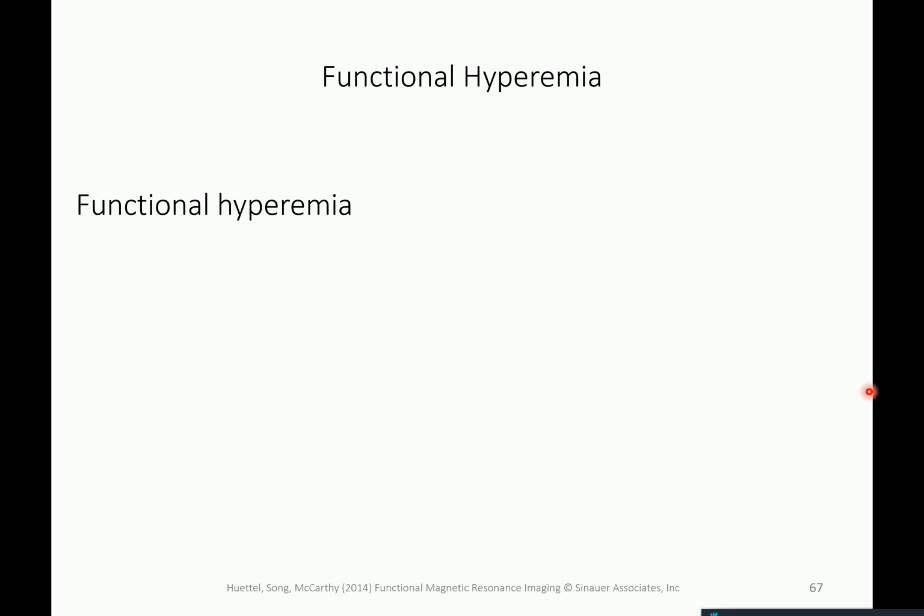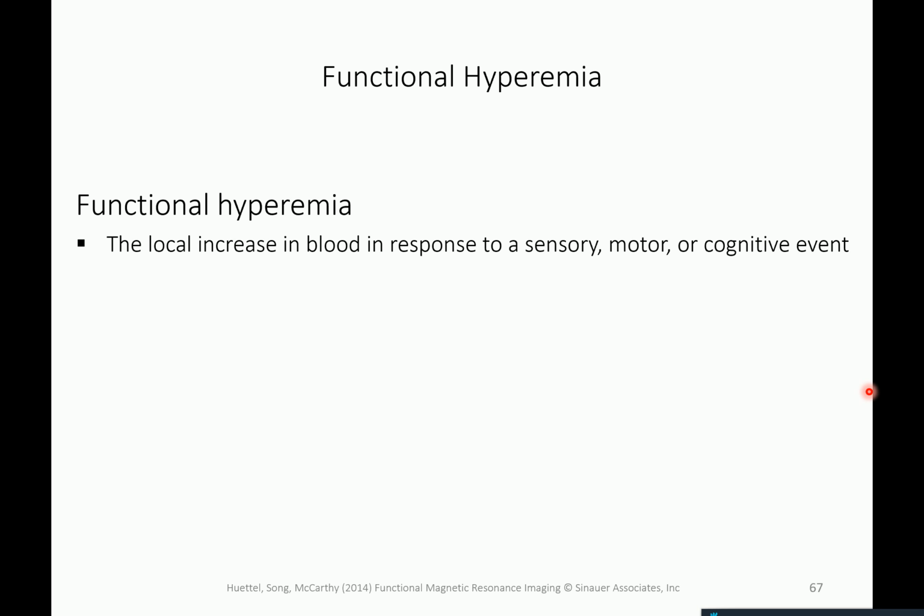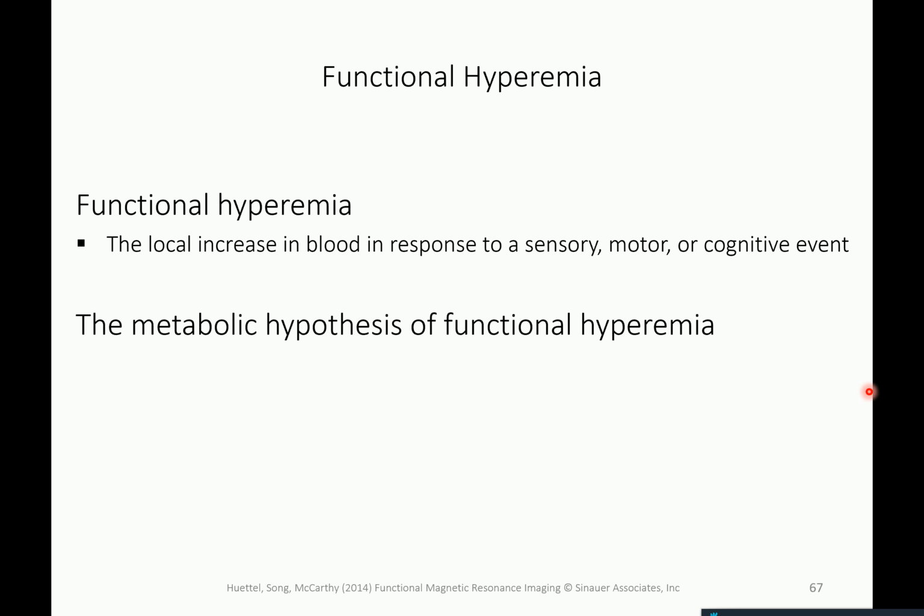Now a little bit more formal. This term functional hyperemia, what is this supposed to mean? So it's supposed to mean the local increase in blood in response to a sensory, motor, or cognitive event. So some sensory stimulation, some motor output, or some purely mental cognitive manipulation might induce this local increase in blood.